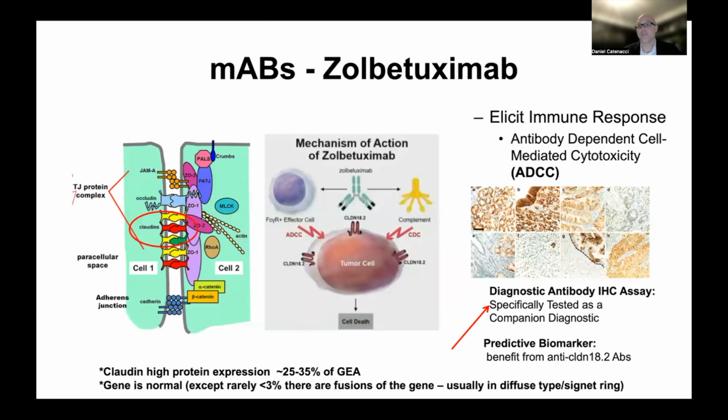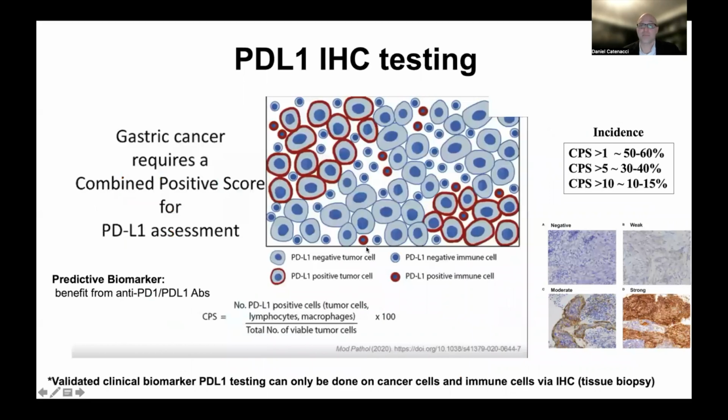In a previous video, we talked about screening for overexpression of claudin and matching it to therapy with zolbetuximab. We talked about screening tumors for PD-L1 expression and their relative incidences based on different cutoffs of positivity, with intention to treat with anti-PD-1 or PD-L1 checkpoint inhibitors.